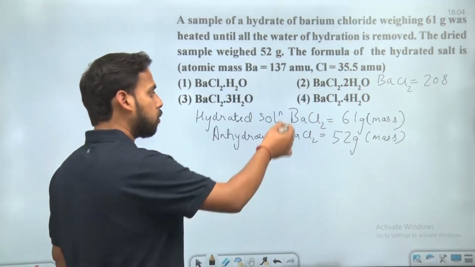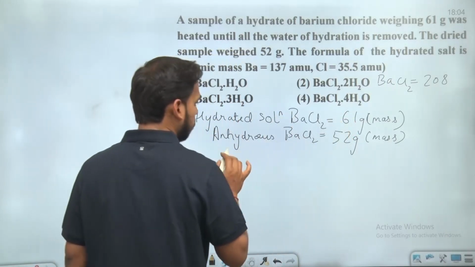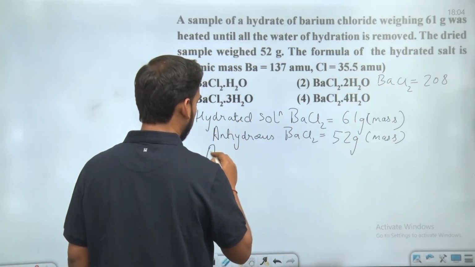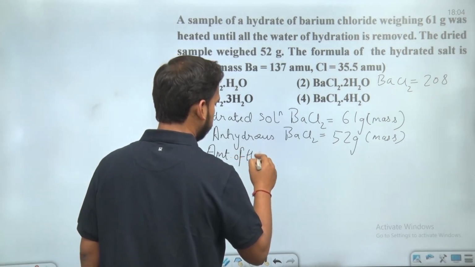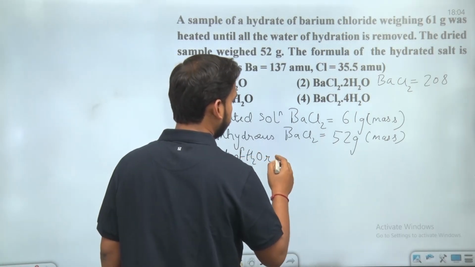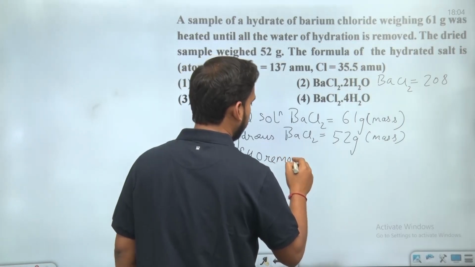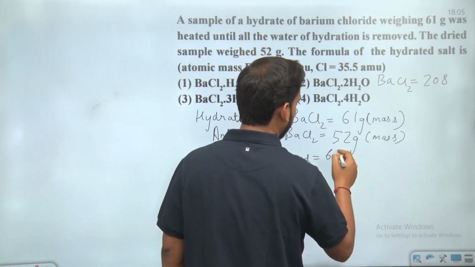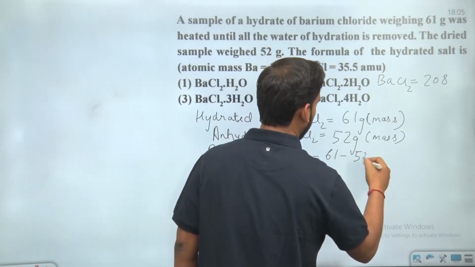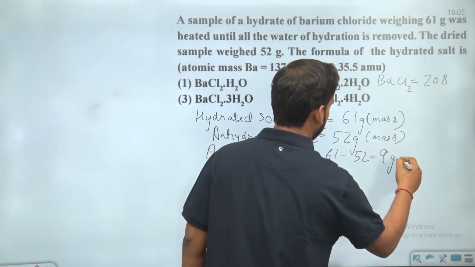On calculating the difference of these two, we get the amount of water removed, that is 61 minus 52, which comes out to be 9 grams.